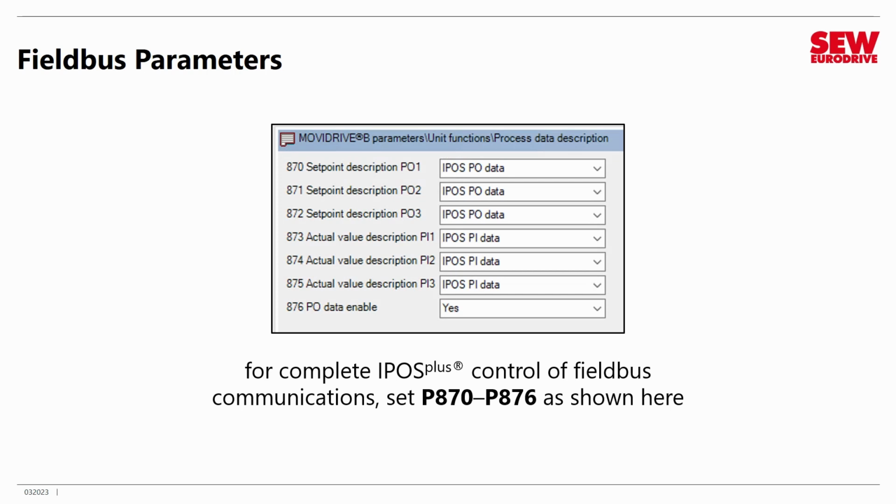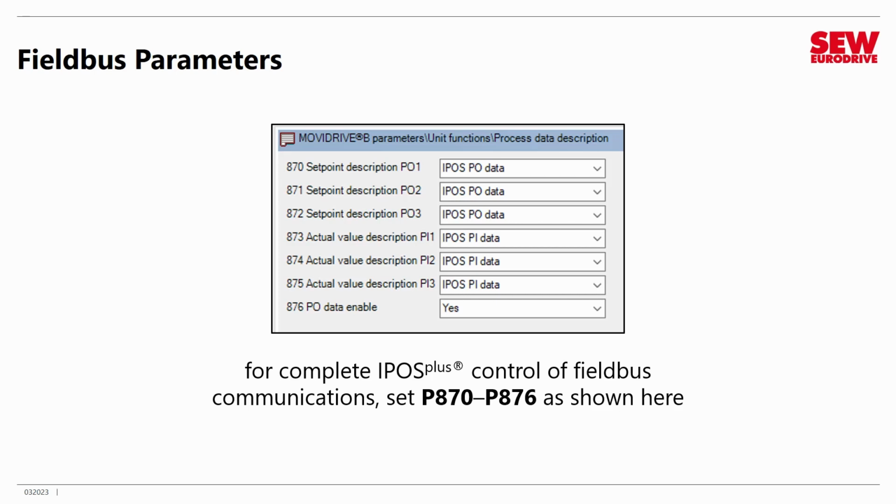We need to go into the parameter tree, and we need to go to parameters 870 through 876 and set those up so that they are set to IPOS PO data and PI data. That's essentially saying that IPOS gets to read and write the process output words and the process input words. So you need to make these parameter tree changes.